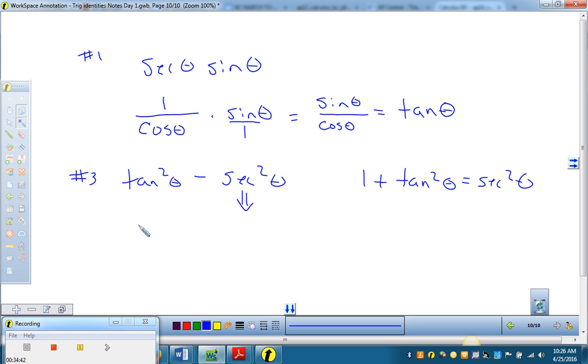So we're going to replace that secant squared. So we have the tan squared in front minus 1 plus tan squared, which is going to be tan squared theta minus 1 minus tan squared theta. What happens?